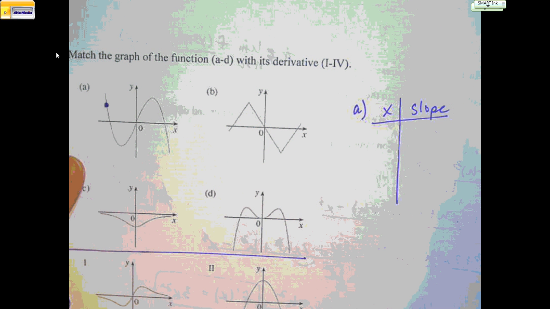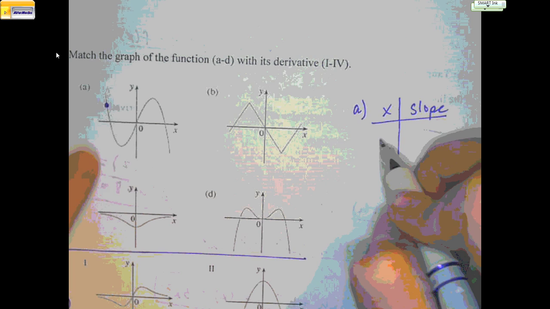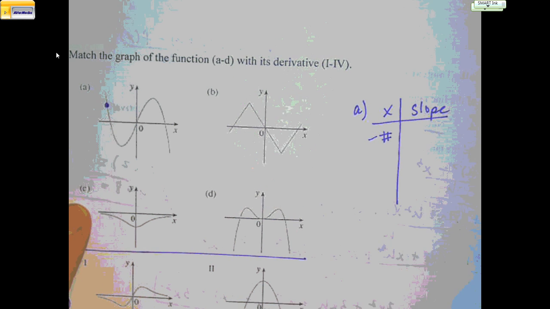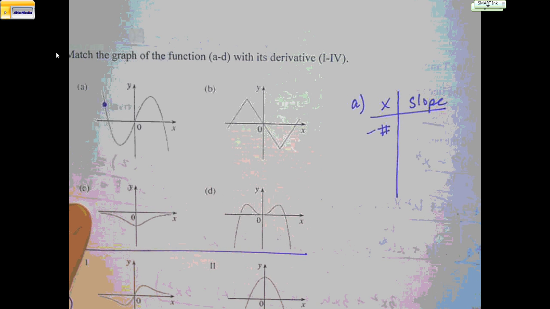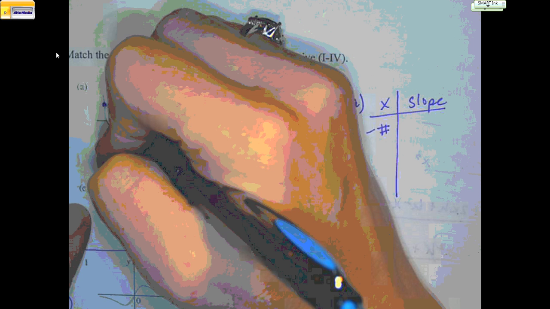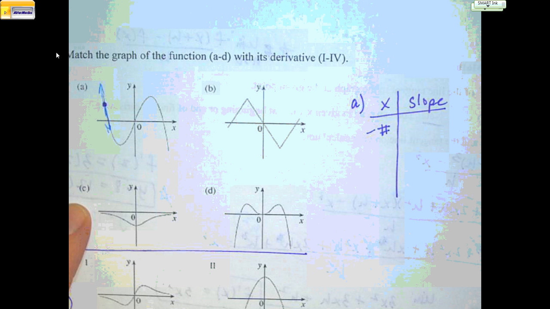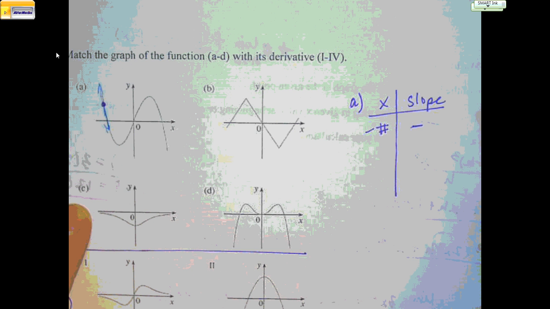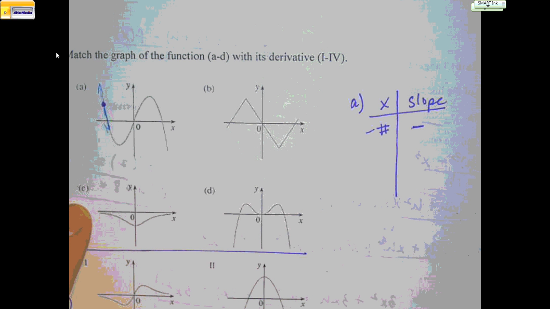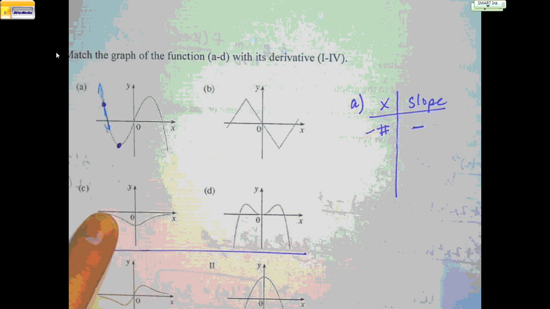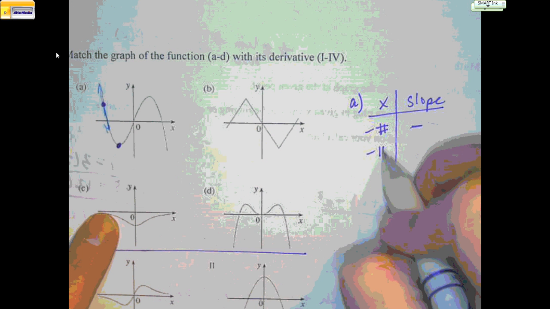Now on the left, for this point, say right here, is that x value positive or negative? It's negative something, so it's a negative number. And the line that's tangent to that part of the graph, is that slope positive or negative? So it's a negative slope. All right, let's keep going. This point right here, is the x value positive or negative? So we have a negative value.